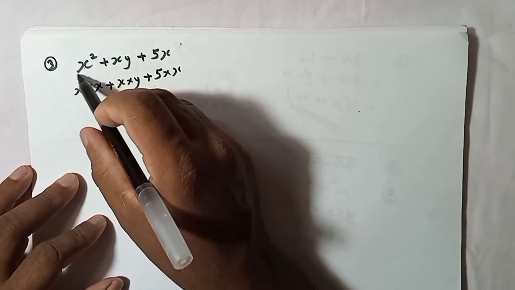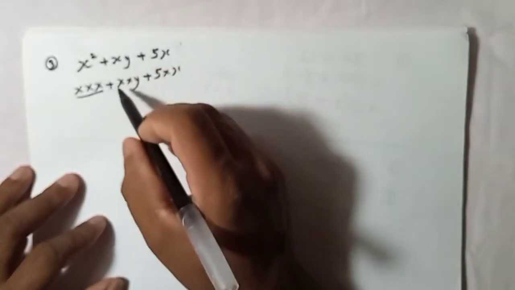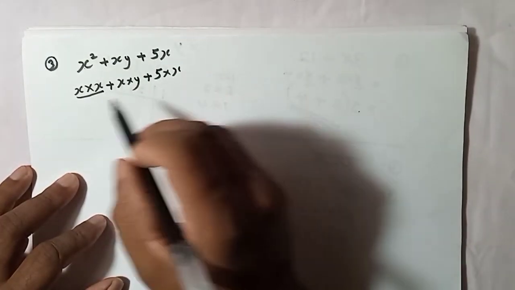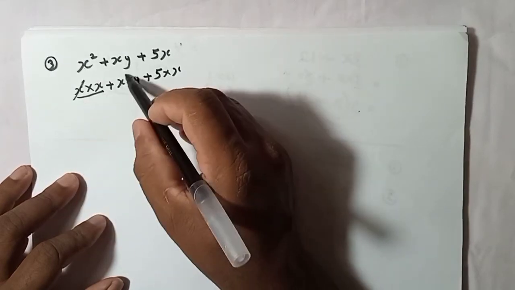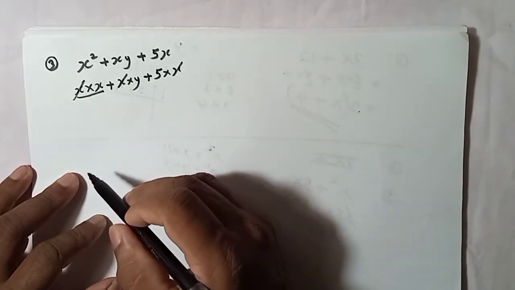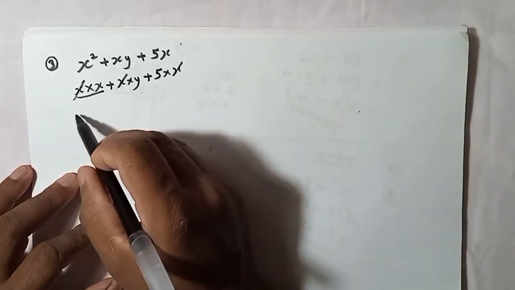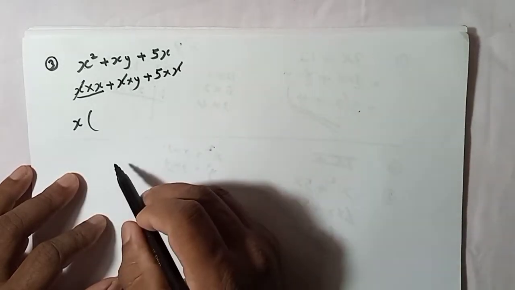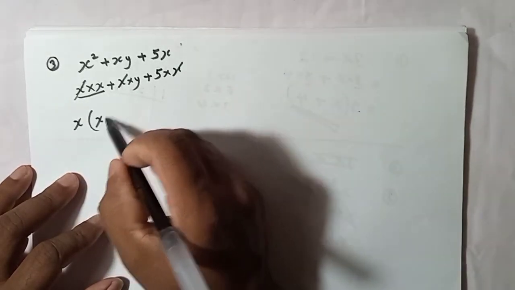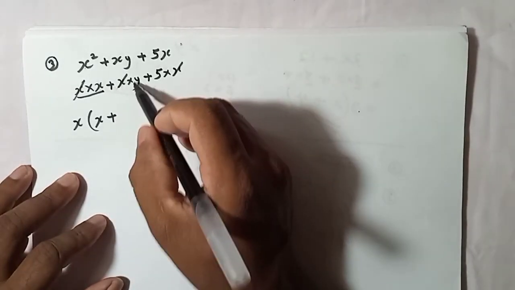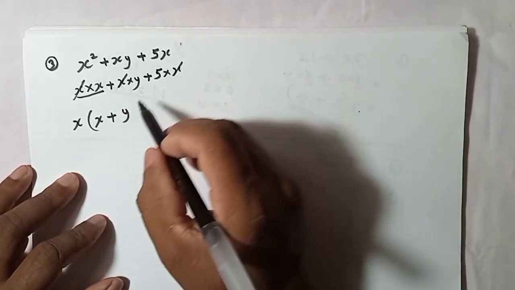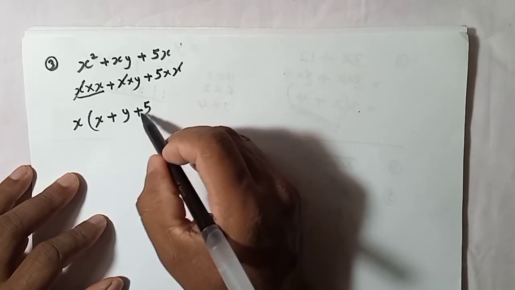Now what is common? X is common. Look, 1x common. So for all three terms, we can write only 1x here. Then here remainder x, plus sign, then y, then plus 5, like that, right?